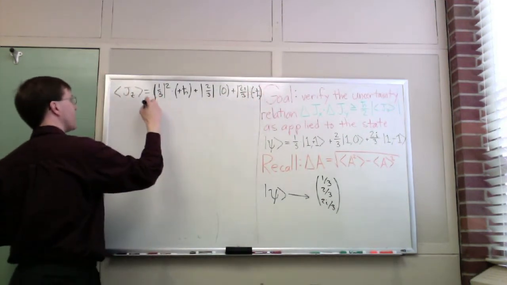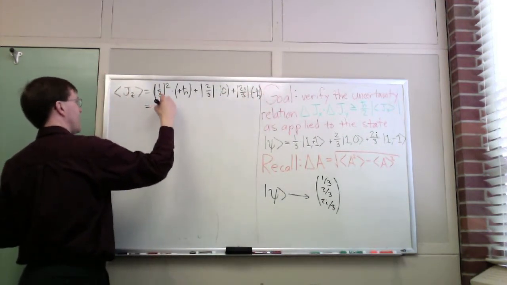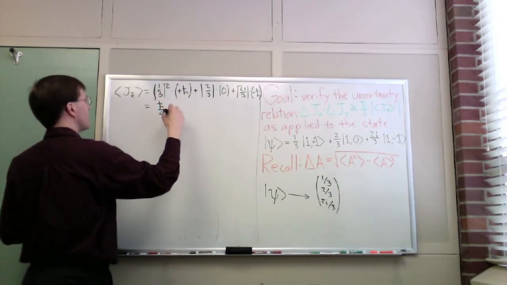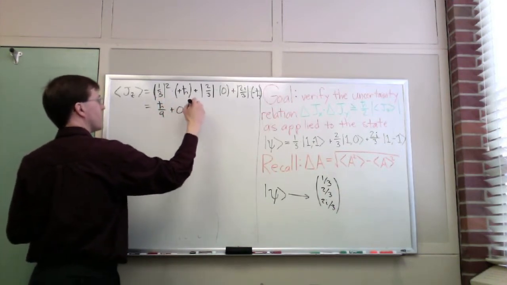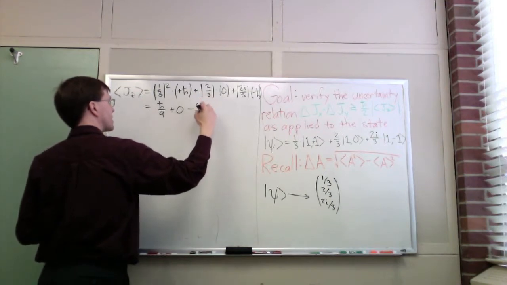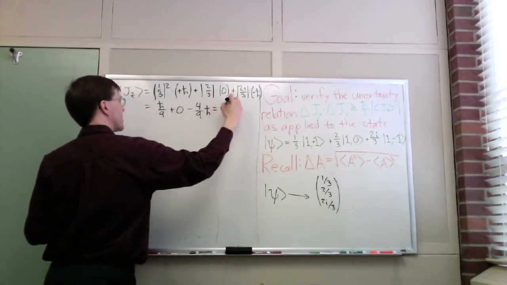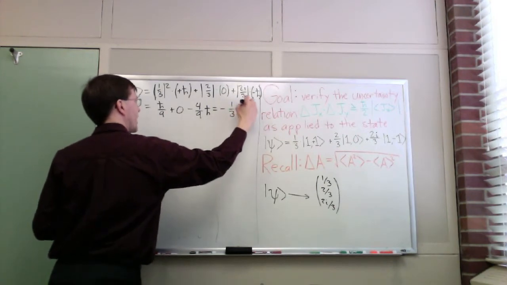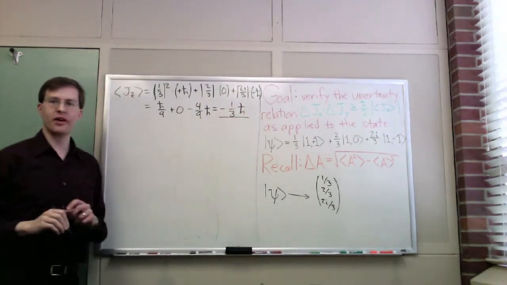If you do that, that gives us h bar over 9 plus 0 minus 4/9 h bar, or in other words, minus 1/3 h bar is my expectation value for Jz.